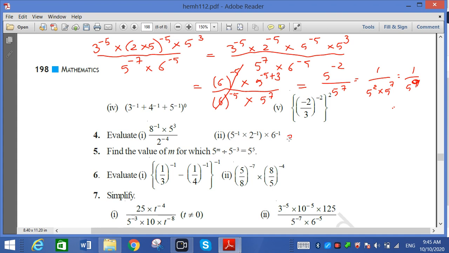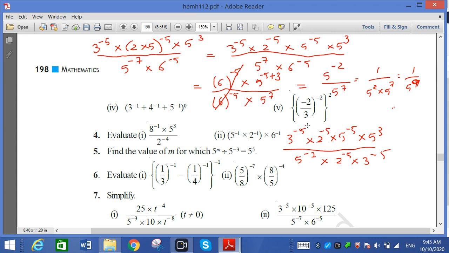So 3 to the power 5, again I am writing 2 to the power minus 5, 5 to the power minus 5 and 5 to the power 3. Here 5 to the power minus 7, here 2 to the power minus 5 and 3 to the power minus 5. The same way we can also do.